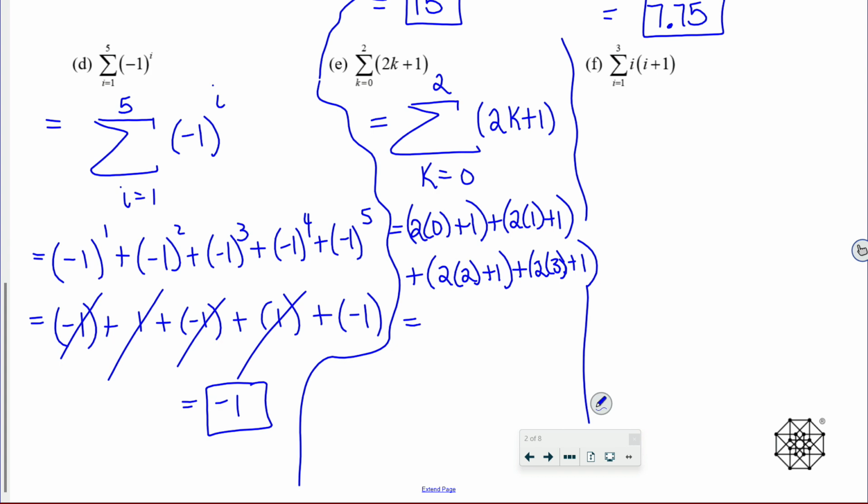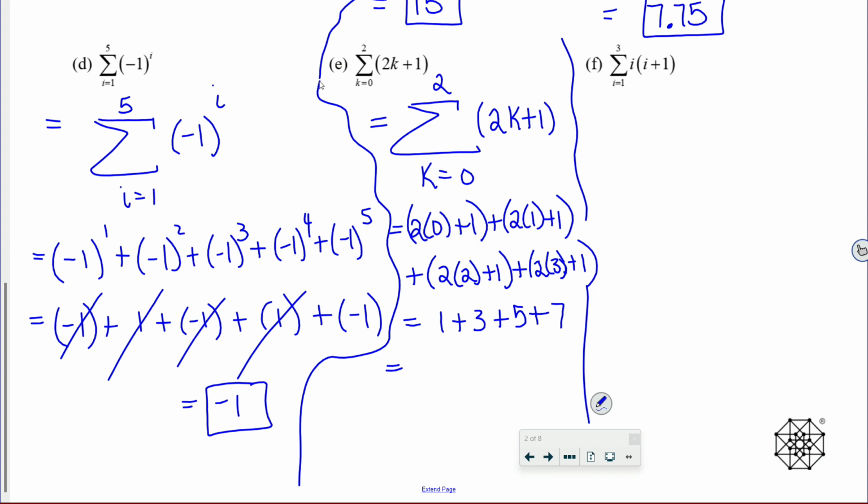Let's see if I can work it out. 2 times 0 is 0, plus 1 is 1. 2 times 1 is 2, plus 1 is 3. 2 times 2 is 4, plus 1 is 5. And 2 times 3 is 6, plus 1 is 7. And look at that, it looks like I'm just adding all the odd integers. 1 plus 3 is equal to 4, plus, whoops, where did I make a mistake?